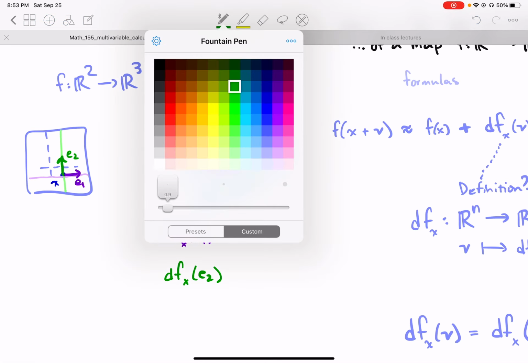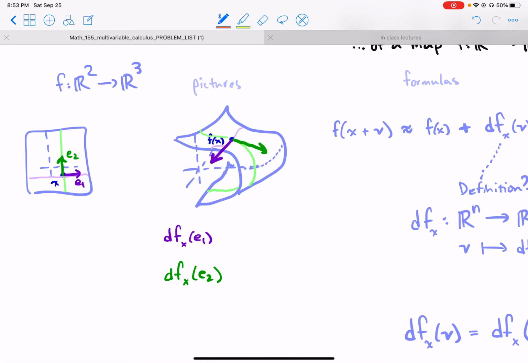And so what is the derivative? Well, for example, this little square will then go to some curvy piece of the surface, but the derivative will map that square to just a combination of these two special vectors, and it'll just look like a flat parallelogram.